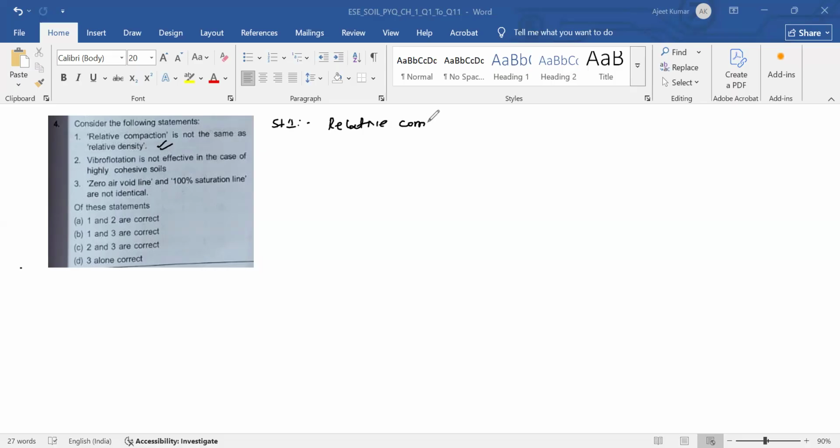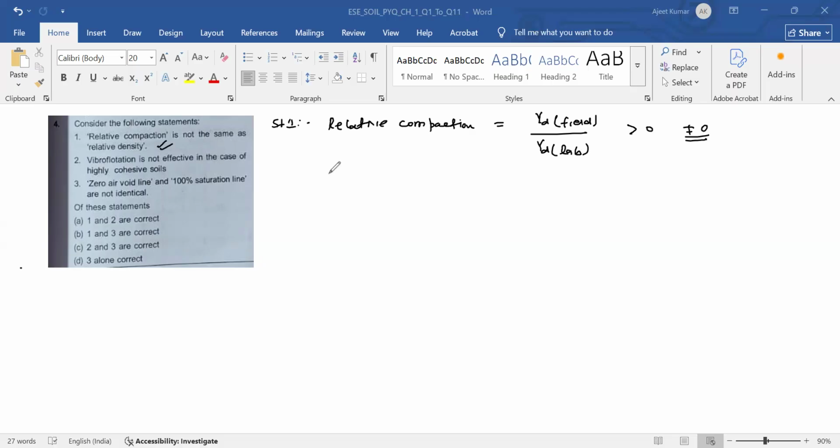Relative compaction is equal to gamma d field by gamma d lab, the ratio of the dry density achieved in the field to that obtained in the lab, and it will always be greater than 0, never equal to 0.